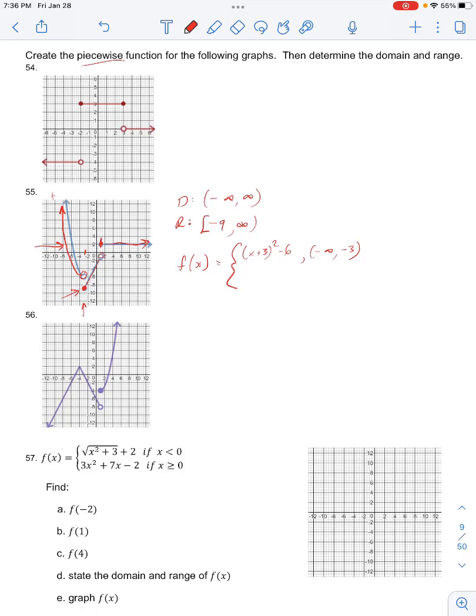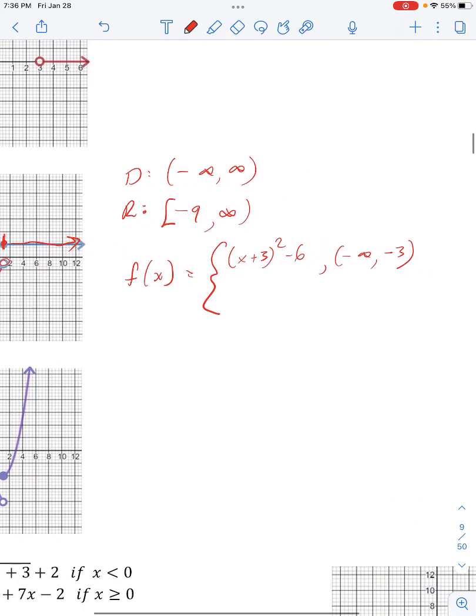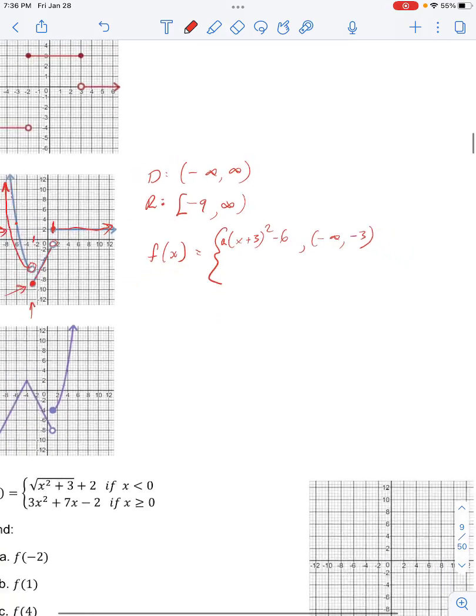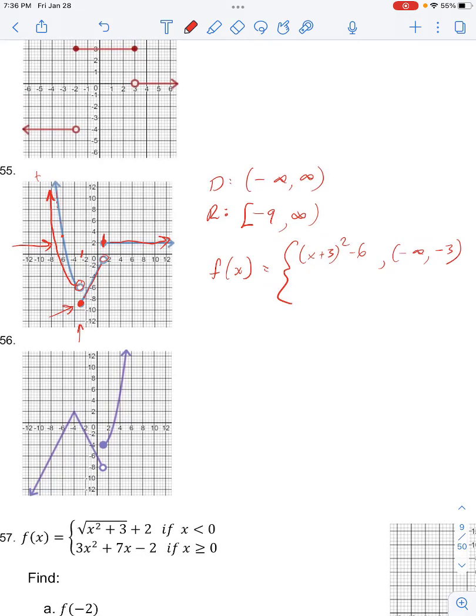There is a scaling factor, which is pretty impossible to determine just by looking at the graph, since it doesn't really intercept anywhere nicely along these points. So you could put that there is a scaling factor in front of that x plus 3 squared, but you don't have to worry about that much.